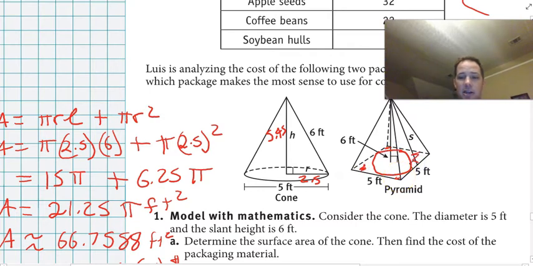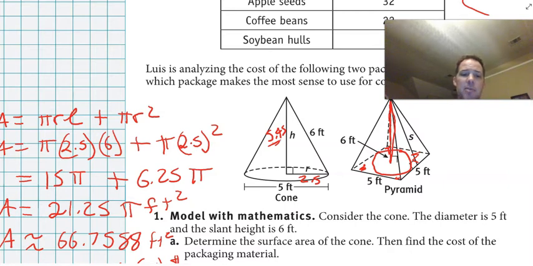In addition, I know that the height of the cone was only 5.45, so I know that the height here is 6 feet. So not only is the base bigger, but the height goes up more as well. So it's going to have more stuff in there.